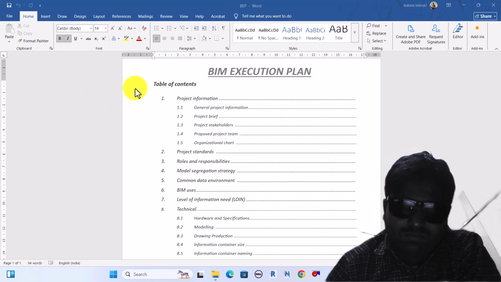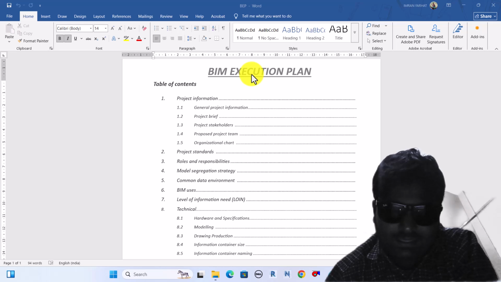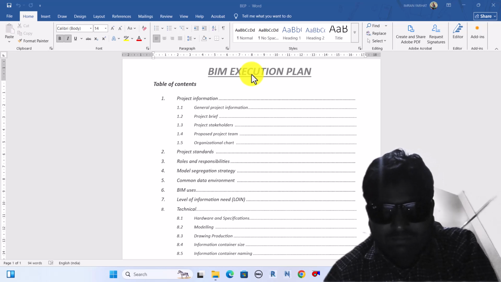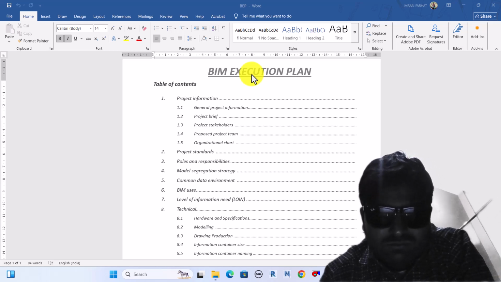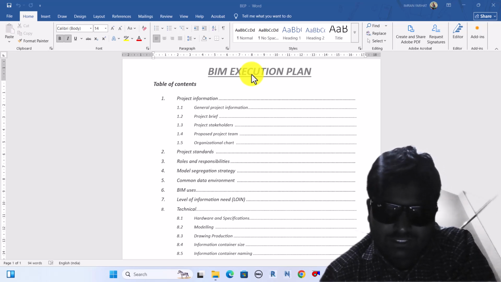A BEM execution plan, or BEP in short, is a roadmap that explains how BEM will be used on a project from start to finish.